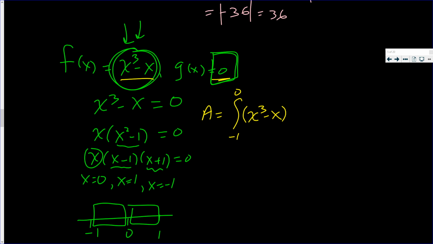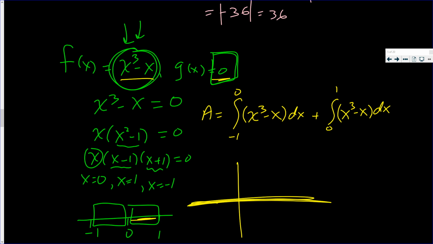Now it might be that this is g of x and the other function, the cubic function, at negative 1 they cross. It crosses at 1, and negative 1 and 0.